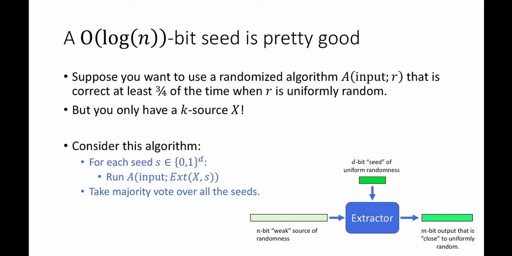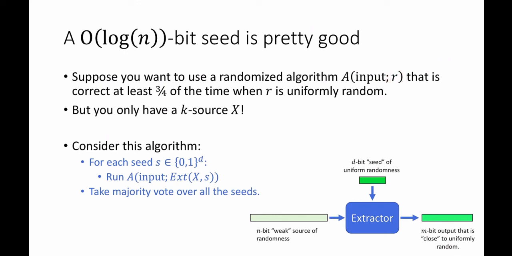To be a little more precise, suppose that we want to use some randomized algorithm A, which takes some input that I've just called input here, and also takes a random string R. When I use this notation, I'm thinking of A as a deterministic algorithm, whose randomness comes all through this input string R, where I think of R as being uniformly random bits.